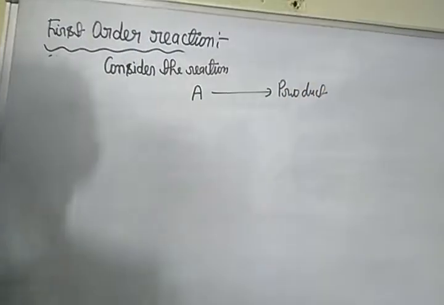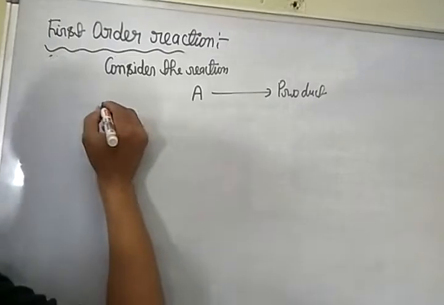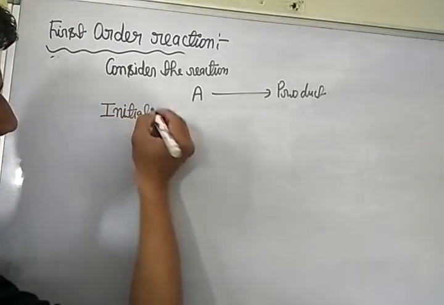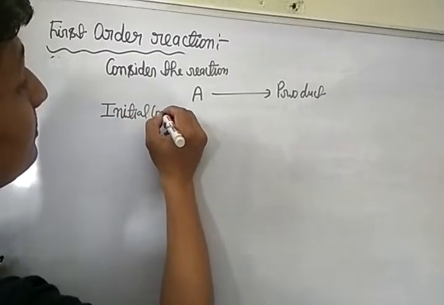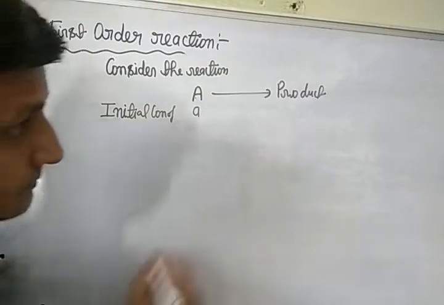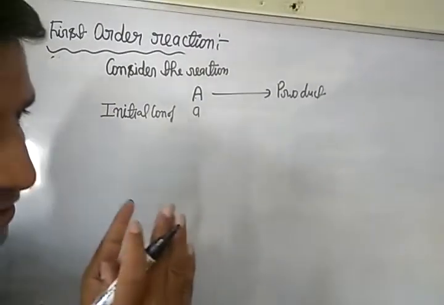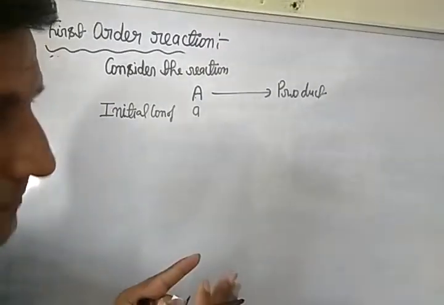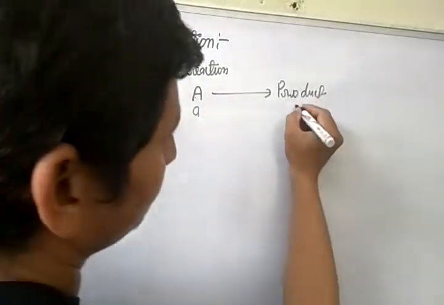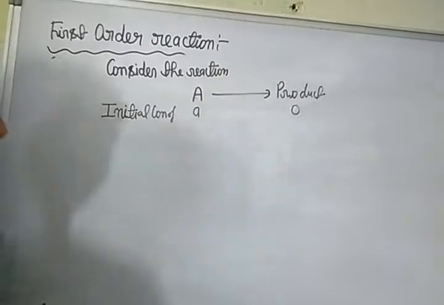Let the initial concentration of A be a. In the starting, the concentration of A is a, and the product is not formed, so the concentration of product is 0.